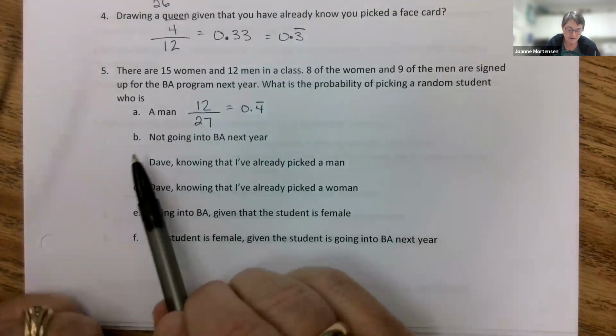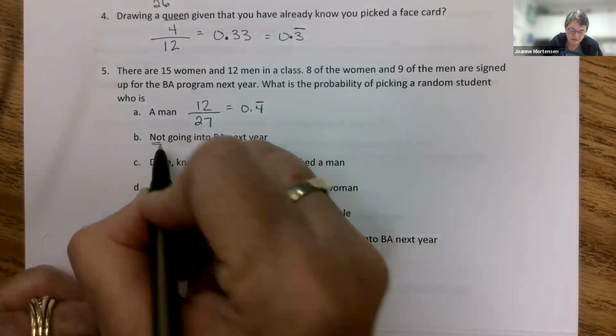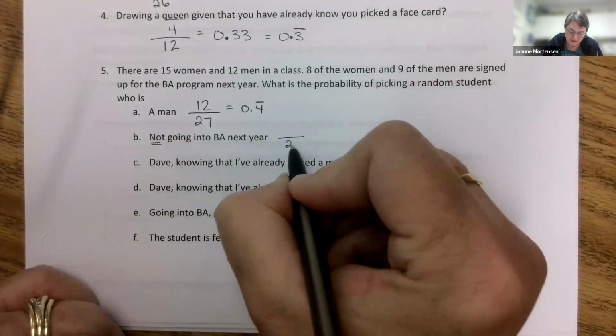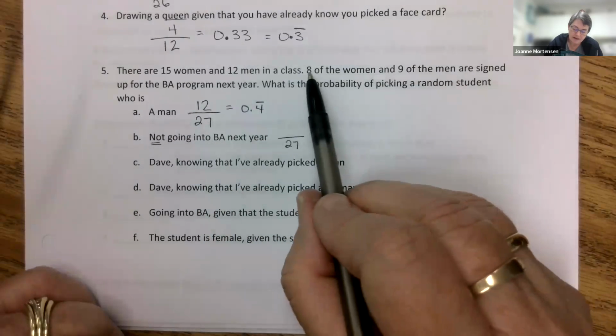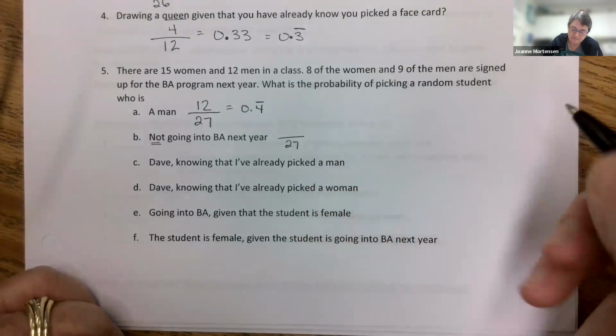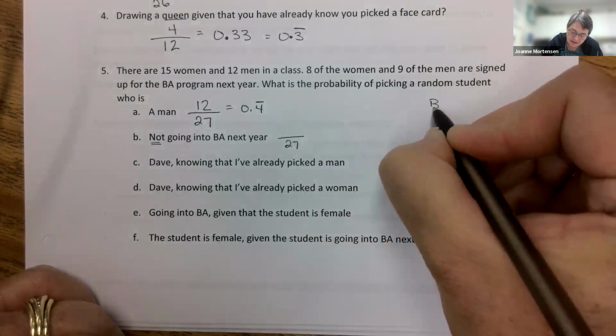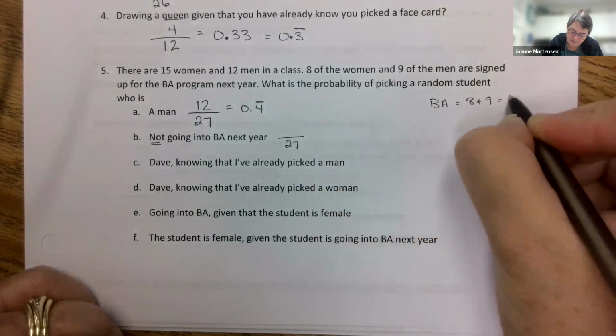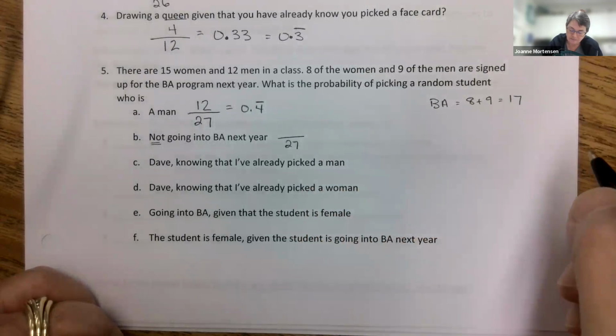All right, not going into BA next year. So there's 27. 8 of the women and 9 of the men are signed up for BA. So BA is equal to 8 plus 9. That's 17.